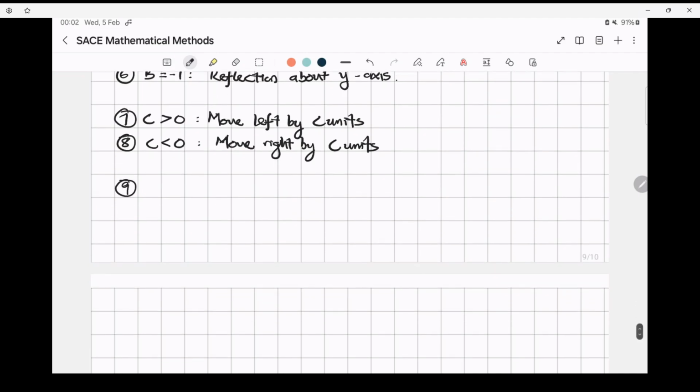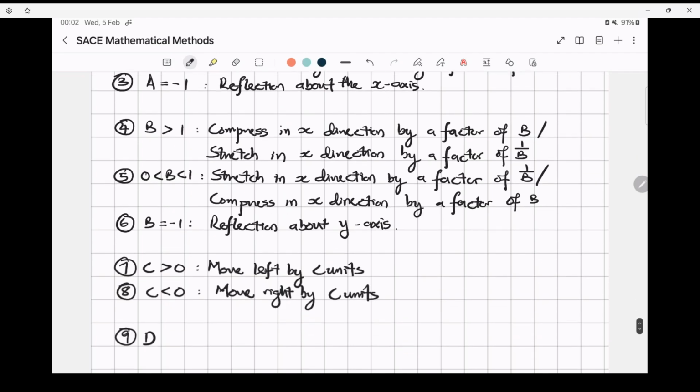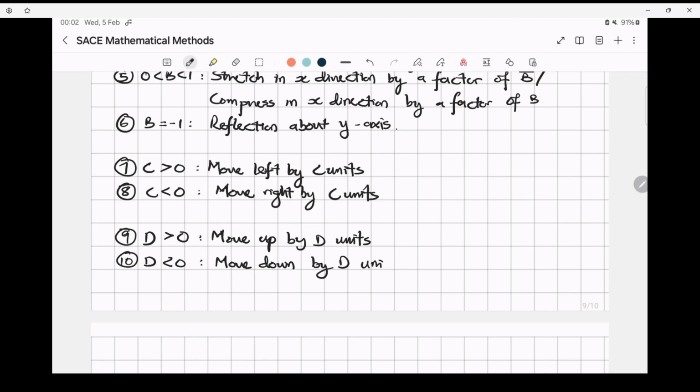D is outside of the function. So if d is greater than 0, then this is moved up by d units. If d is smaller than 0, then you move down by d units.